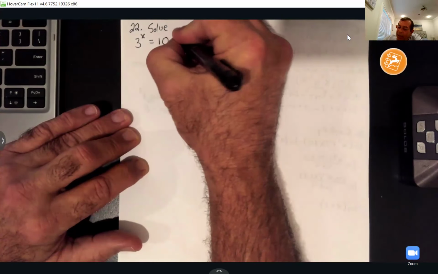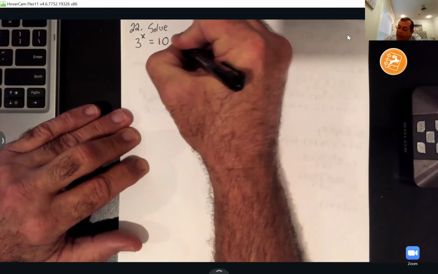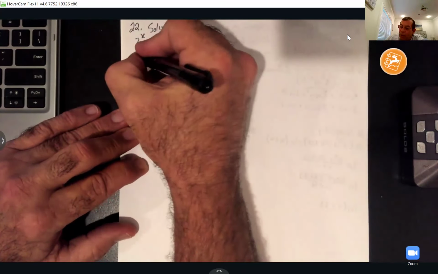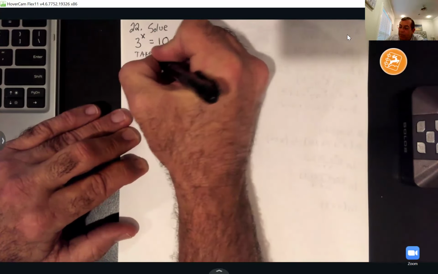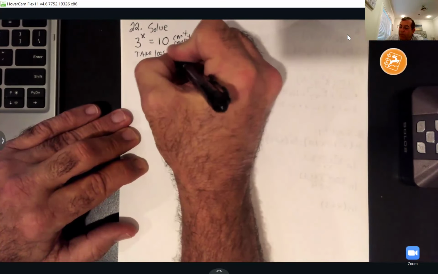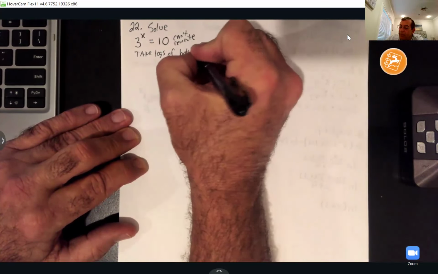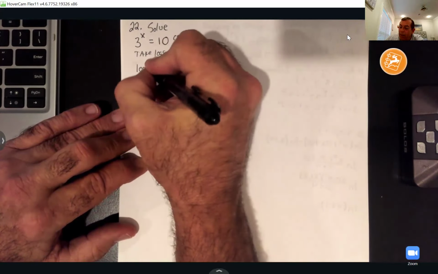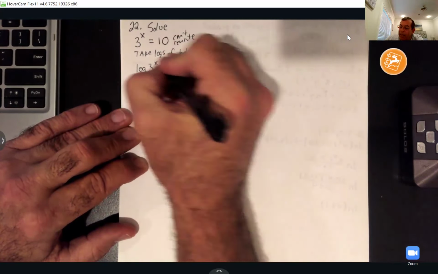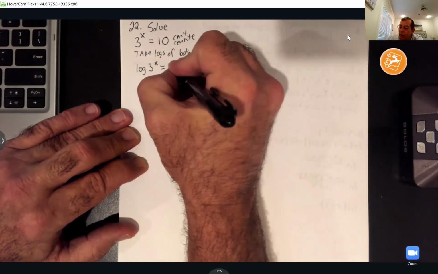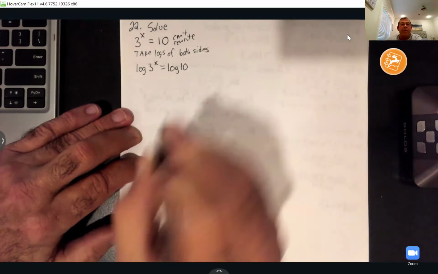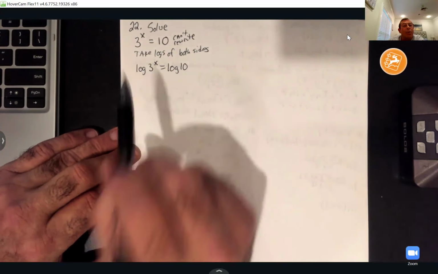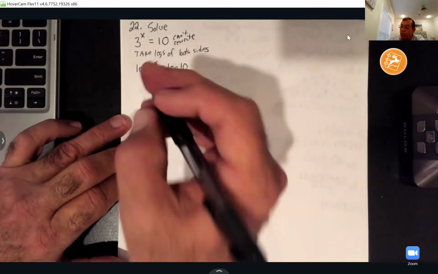So remember, this one we can't rewrite. So since I couldn't rewrite it, we're going to take logs of both sides. So you get the log of 3 to the x equals the log of 10. Remember, we did that. Now we can bring the exponent down using the power rule.